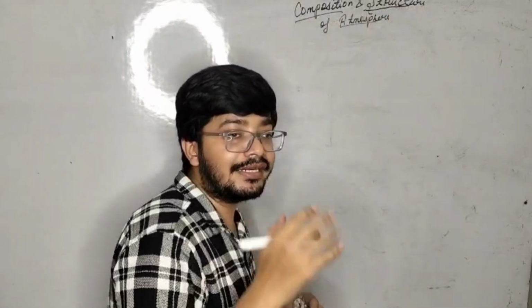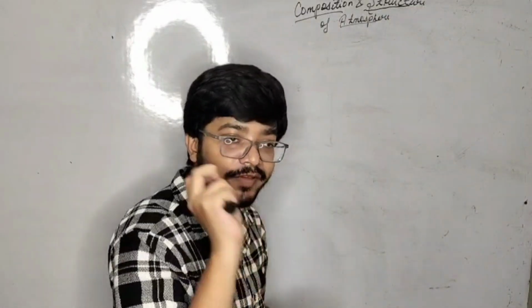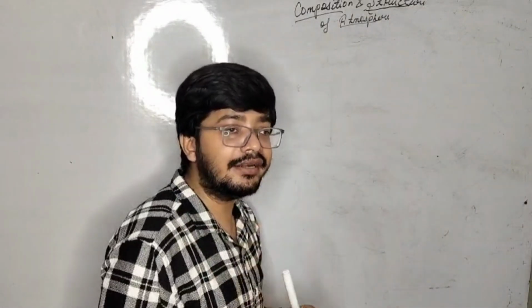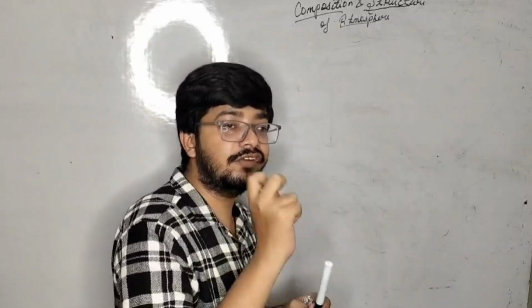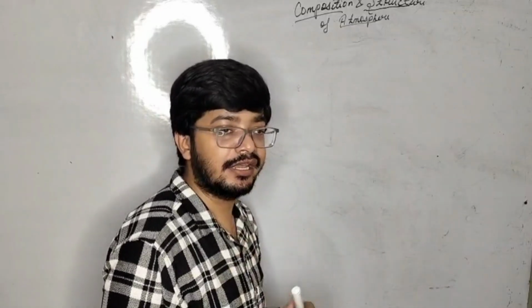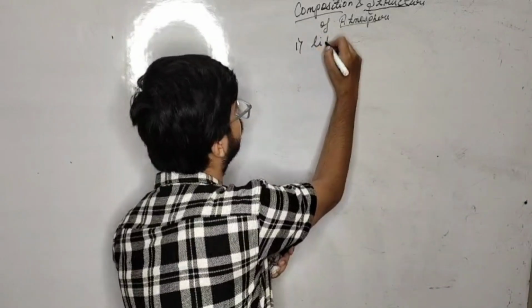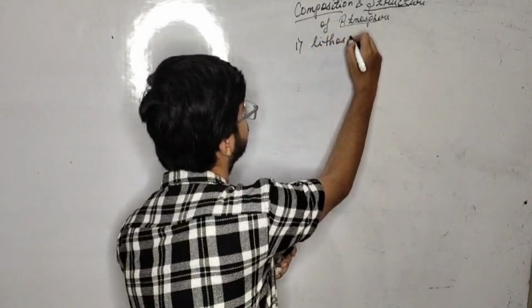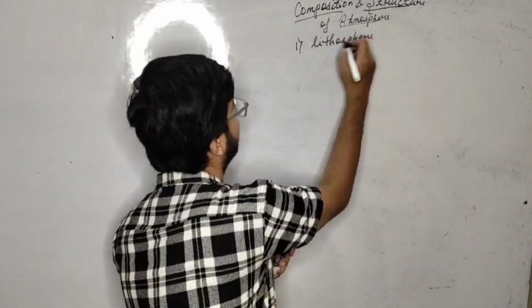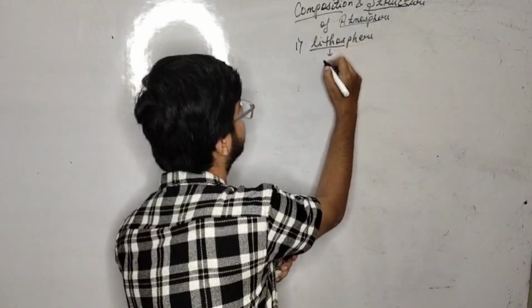Now we all know that this Earth is spherical in shape, and on this Earth there are three main domains. What are these three domains? Number one is lithosphere, where lithos means rock.